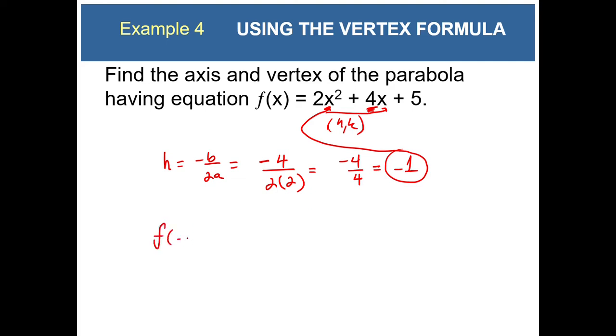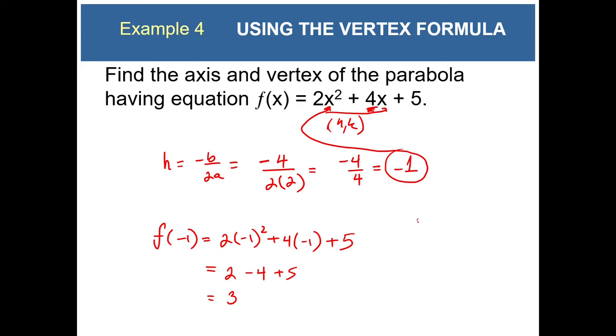F of negative 1 equals 2 times negative 1 squared plus 4 times negative 1 plus 5. This results in 2, because negative 1 squared is just 1, minus 4 plus 5. So f of negative 1 is 3.